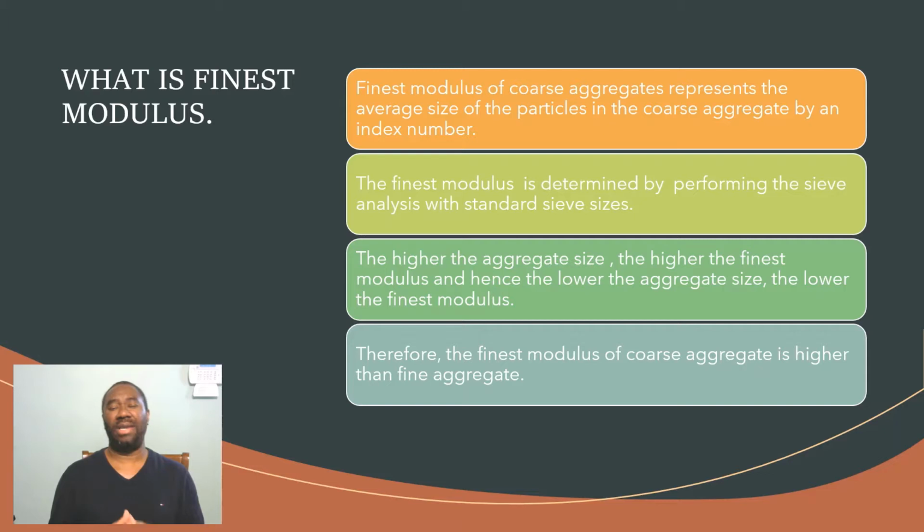Therefore, the fineness modulus of coarse aggregate is higher than the fineness modulus for the fine aggregates. What this simply is saying is that when you carry out your lab procedure and calculate the fineness modulus for the coarse aggregate, whatever value you have gotten is going to be higher than the value of the fineness modulus as it relates to the fine aggregates.